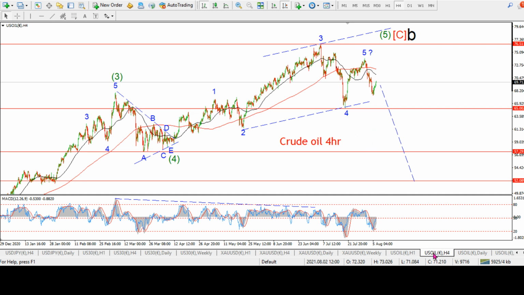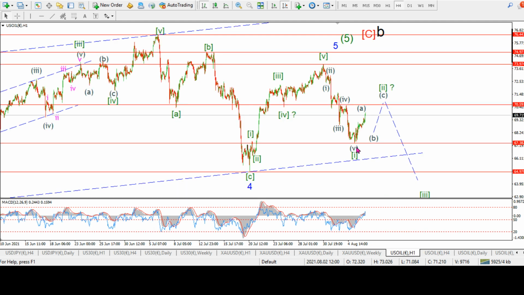Okay, let's see how that hourly count is going. You can see we have a clear 3 wave decline here into wave 4. And then we have actually a pretty solid 5-wave rally off that wave 4 low. So we either have a truncated 5th wave in place, or we have only wave 1 of 5.